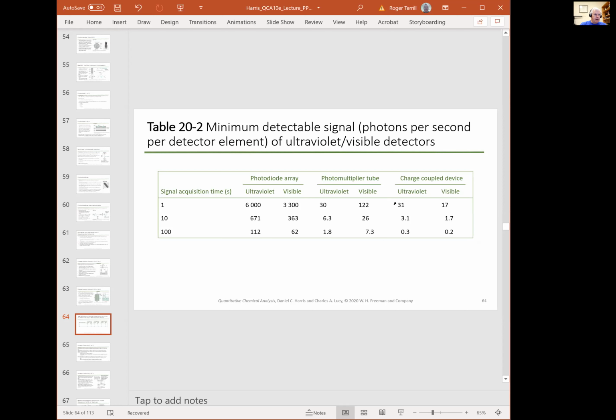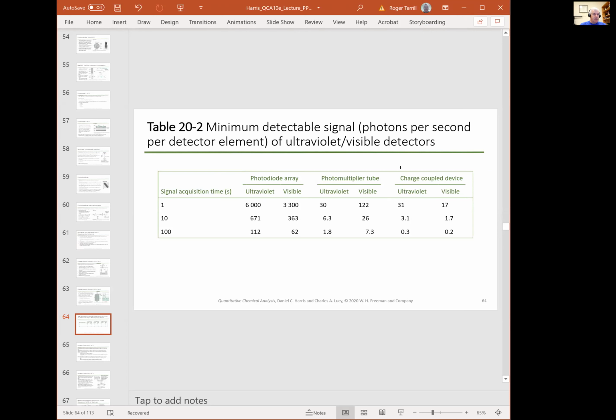But with the CCD, we got 33 and 0.3. So these are very linear. This is why the CCD is beloved in terms of light detection.